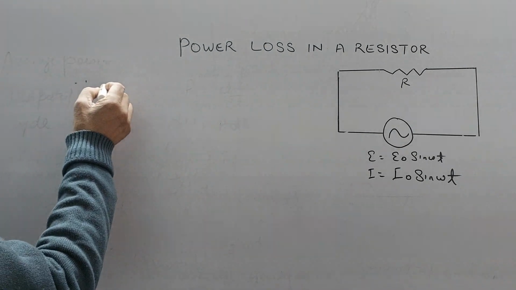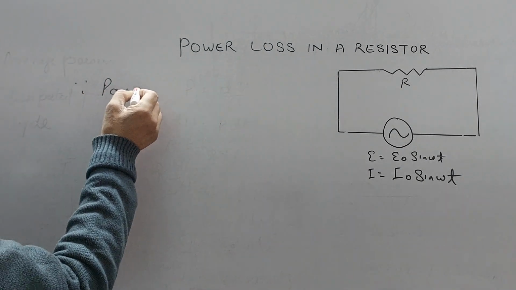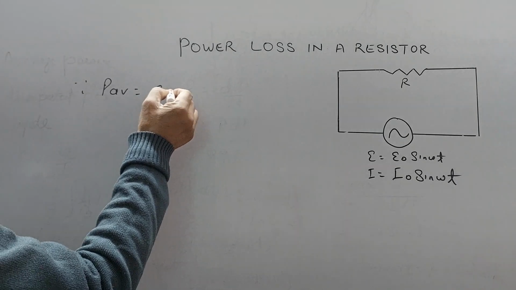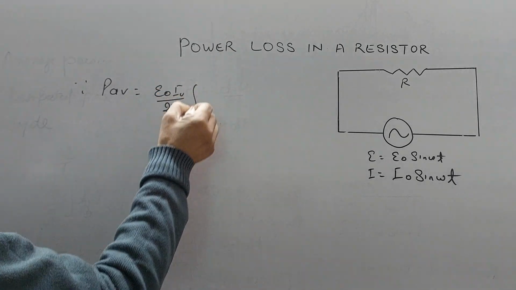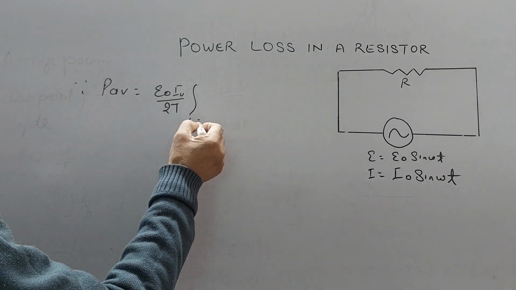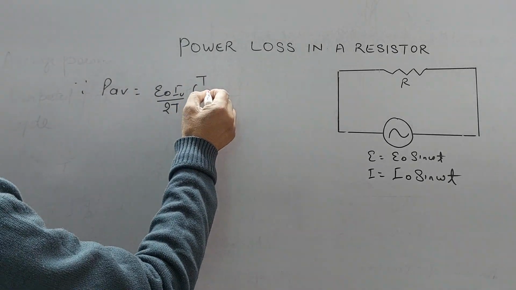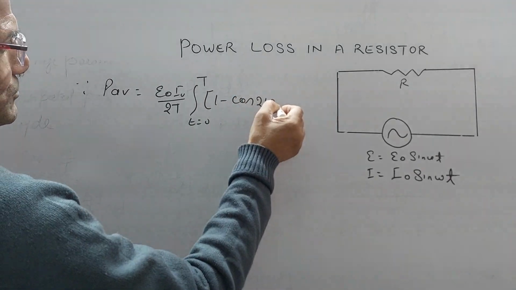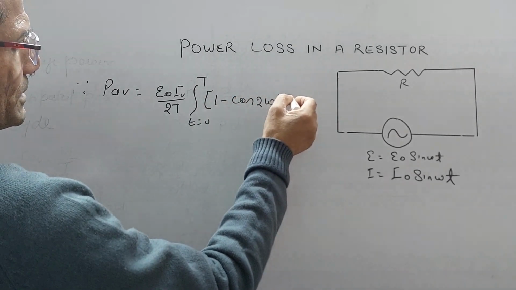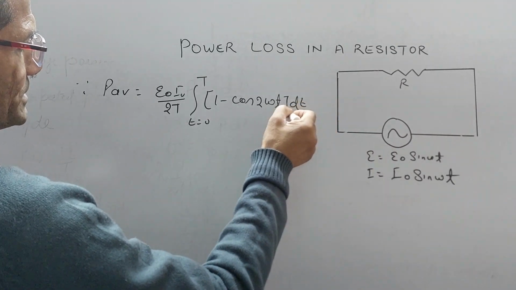Therefore, the average power dissipated is E naught I naught divided by 2 times the integration from t equal to 0 to one time period of 1 minus cos 2 omega t dt.